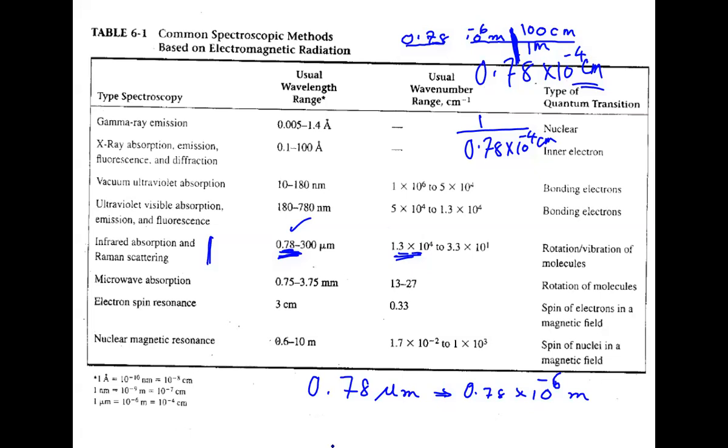So you're measuring how electrons are spinning in a magnetic field. You're probing electrons whenever they are in an atom or a molecule.